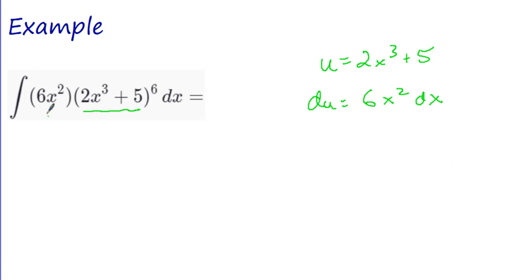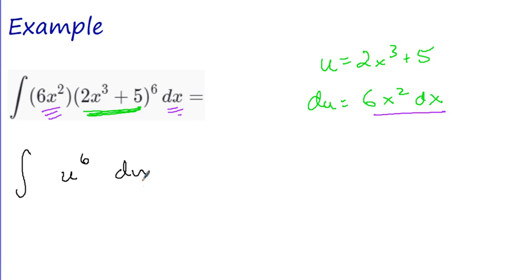What do you know? I have a 6x squared dx right here, which is equal to du. This guy in the parentheses, we called that u, so we have u to the 6th power, don't we? So all of this right here is u to the 6th power, because I called u 2x cubed plus 5.